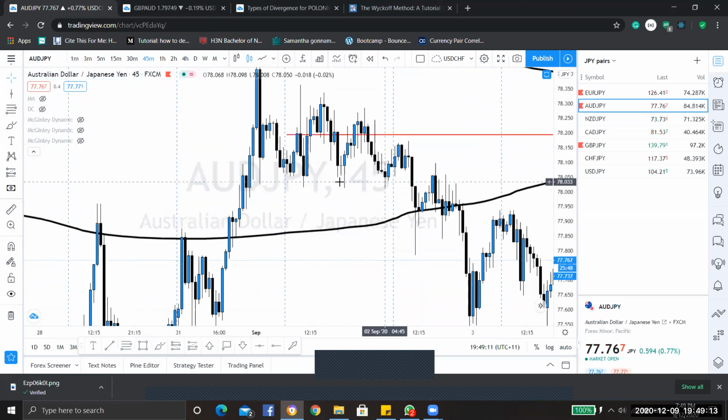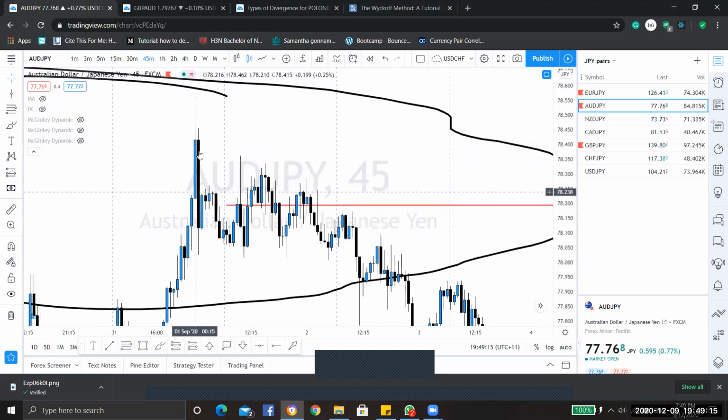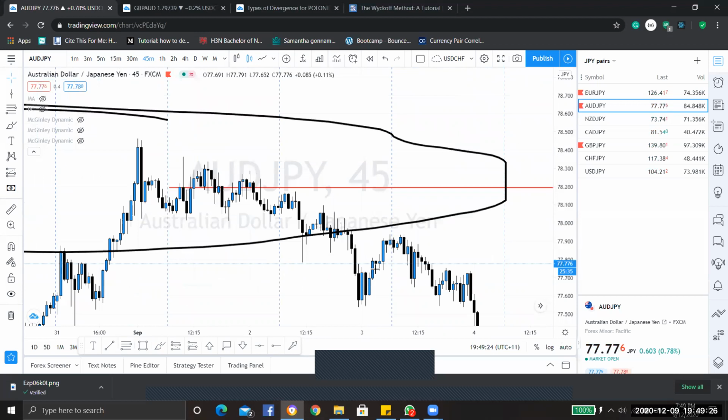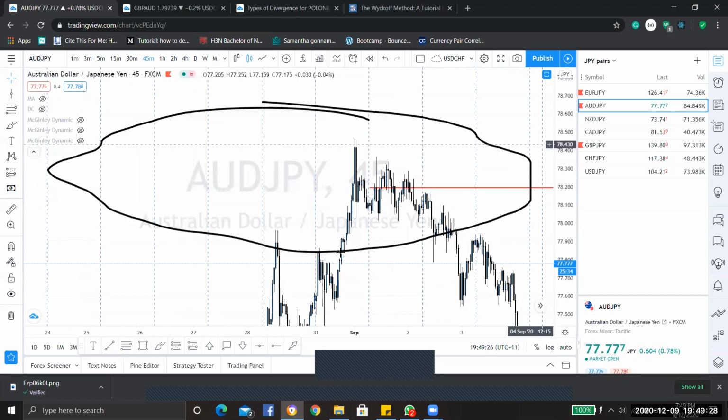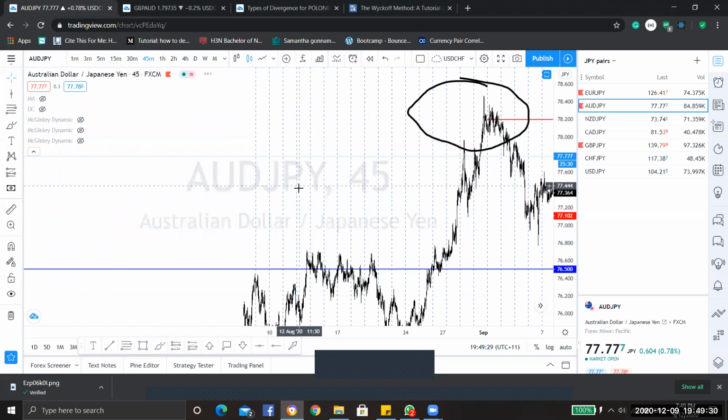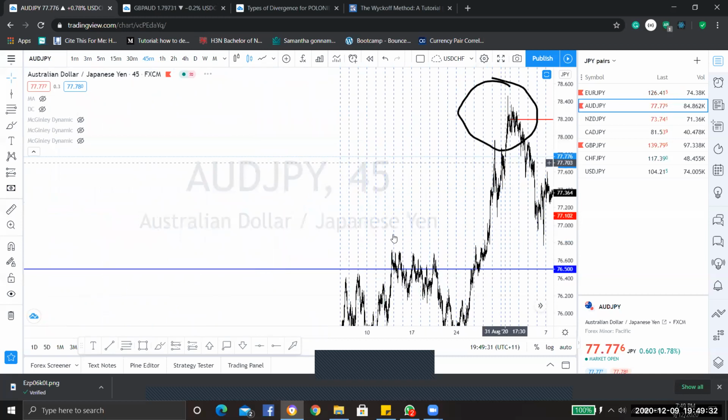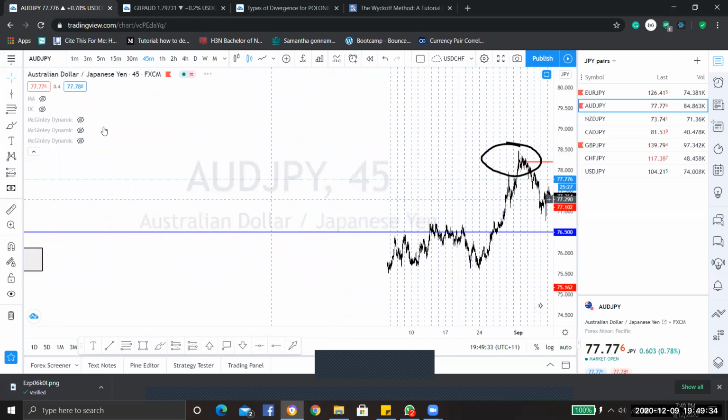All right. So we have this big up push before down. We have some kind of distribution phase in this zone. Actually, it's not clear, because the market wants to be clear sometimes. Let me go to the left before seeing to the right.